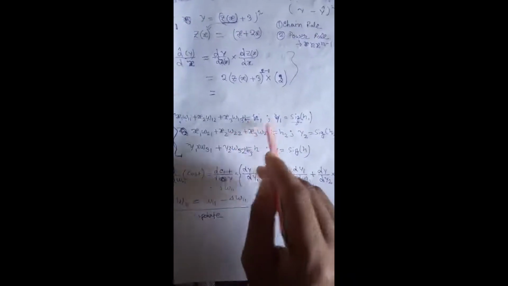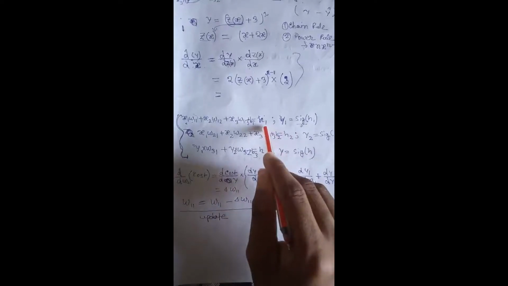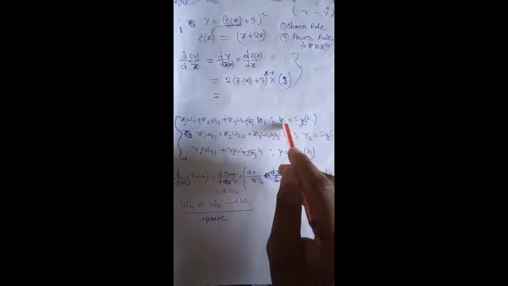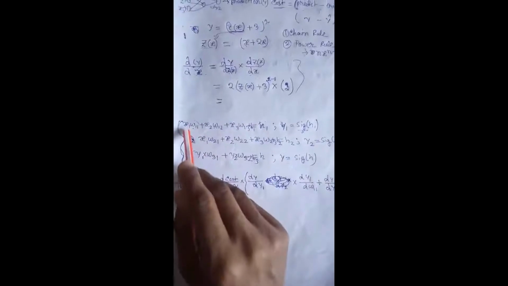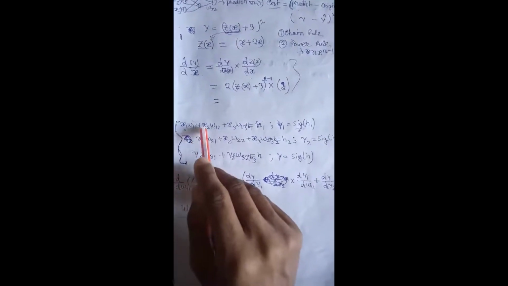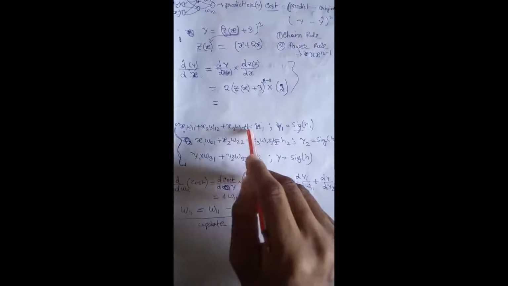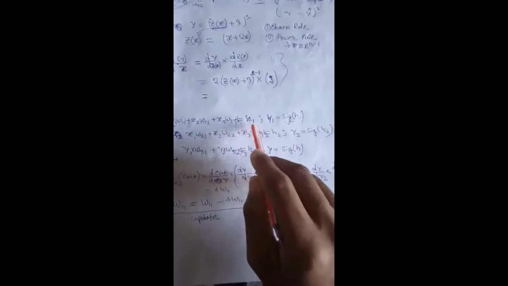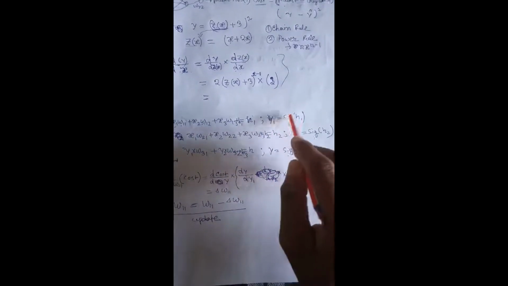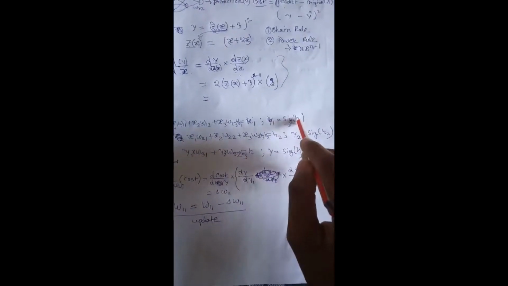So this is the first h1. h1 is the outcome before applying the sigmoid function. First we do x1 into w11 plus x2 into w12 plus x3 into w13 plus the bias term that is already fed into that node, and that equals h1. Now we have to apply the sigmoid function, or any type of activation function, to activate that node.